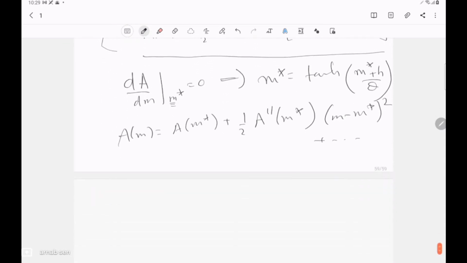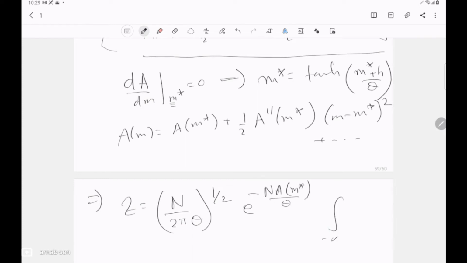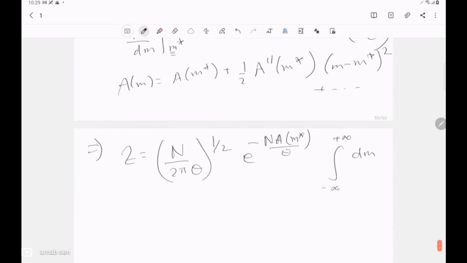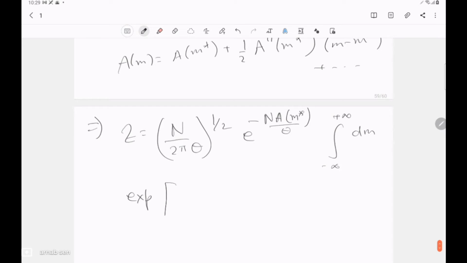So then the partition function, by doing this trick of steepest descent, just becomes this. Let me write the rest of the integral here, plus higher order terms. But this integral is just a Gaussian integral, so I can solve it.